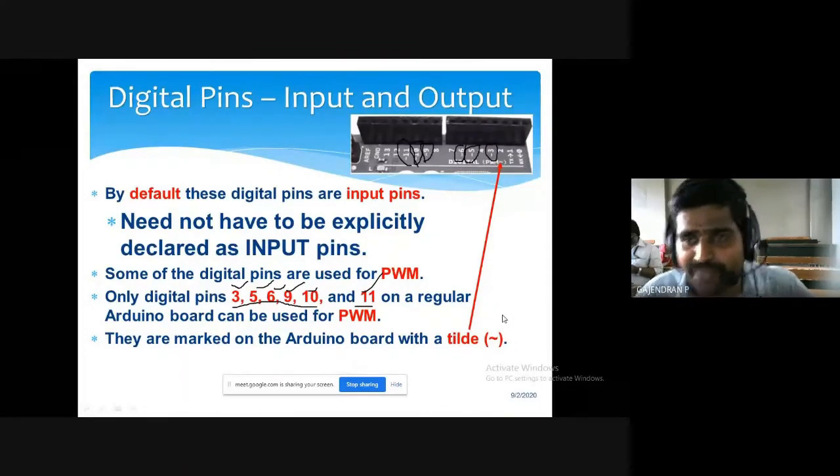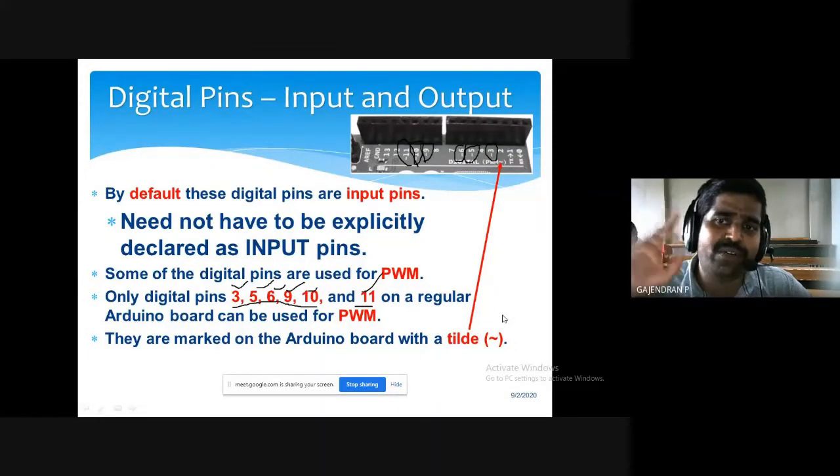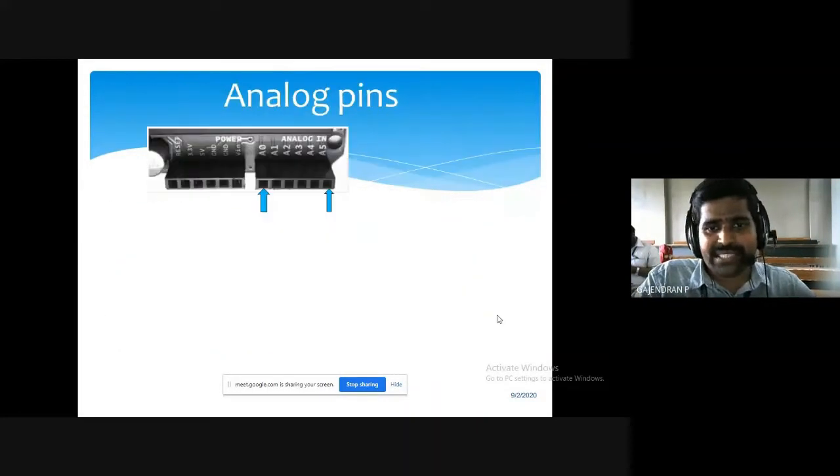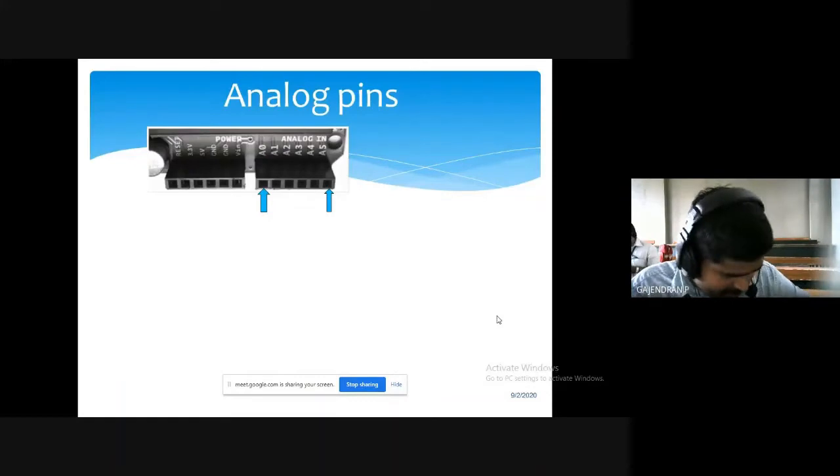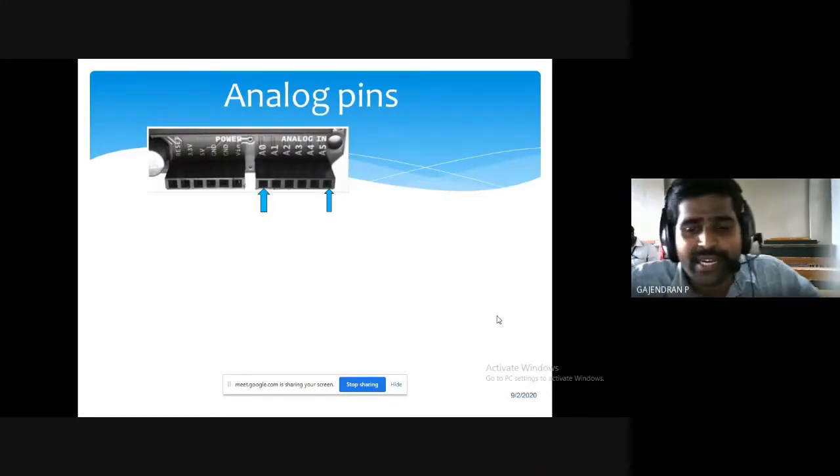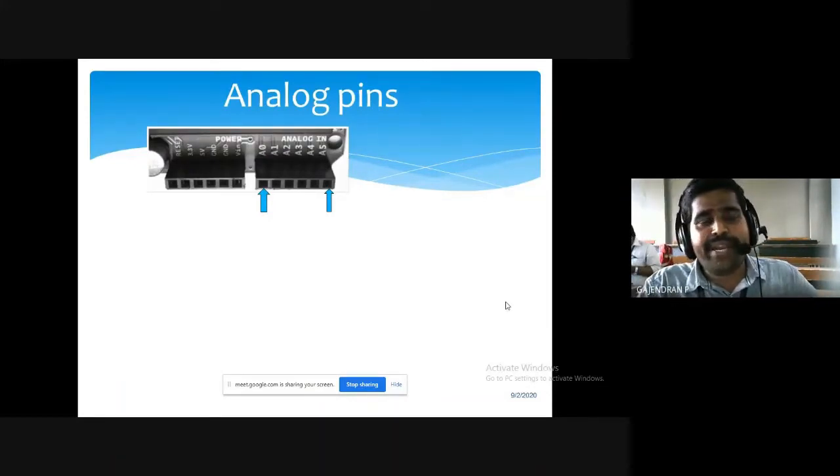So far what we have discussed, digital input output pins, pin number from 0 to 13, that's all. Then, analog pins. See actually, in microcontroller projects, many of you bought the 89S52 microcontroller, isn't it?